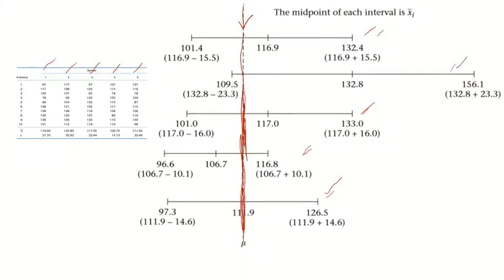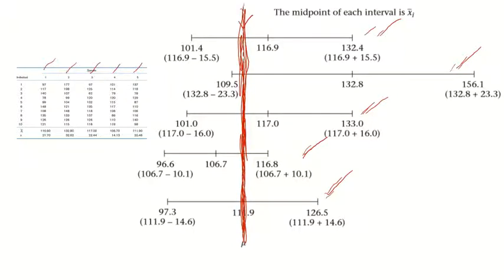Okay? So 5 of them will not include it, and 95 of them, because it's a 95% CI, will include it. So far, the 5 samples that we have here, all 5 included the population mean.